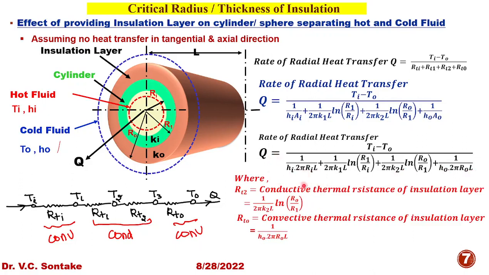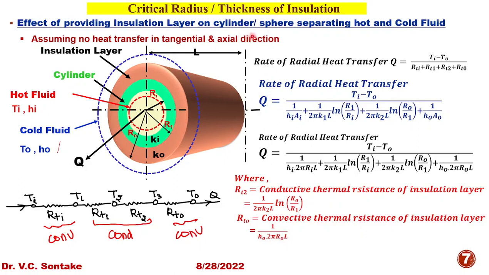Now in this expression, RT2 is the conductive thermal resistance of the insulation layer, 1 upon 2 pi k2 L log of ro by r1, and RTo is the convective thermal resistance of the insulation layer, 1 upon ho 2 pi ro L.